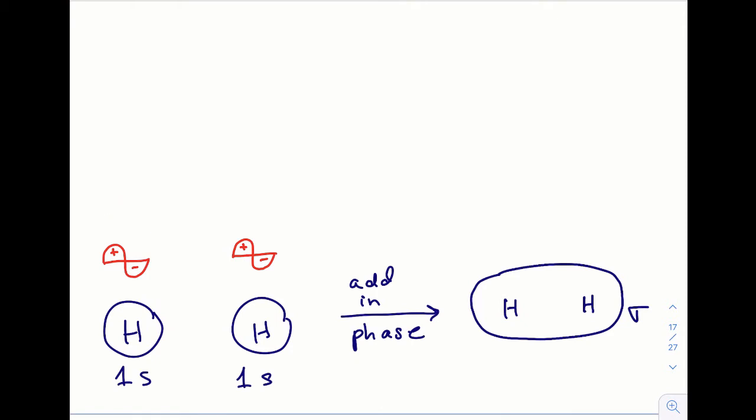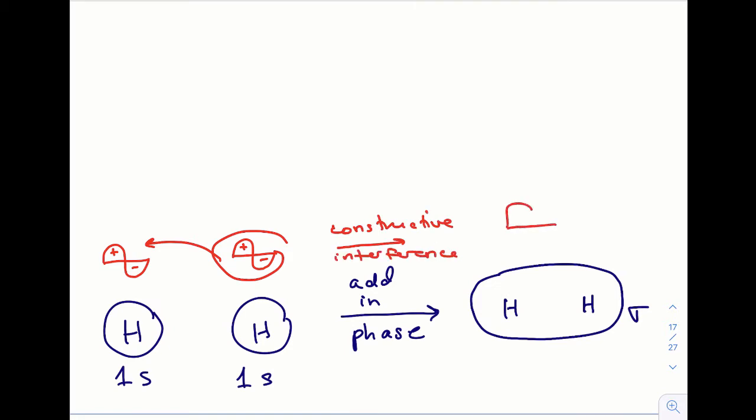We have two waves. These are in phase. When we take this one and overlap it with the other one, they would constructively interfere, meaning add up, and we would get a bigger wave. So that's what's happening in between the two nuclei. Where those two orbitals come and overlap, there's constructive interference.